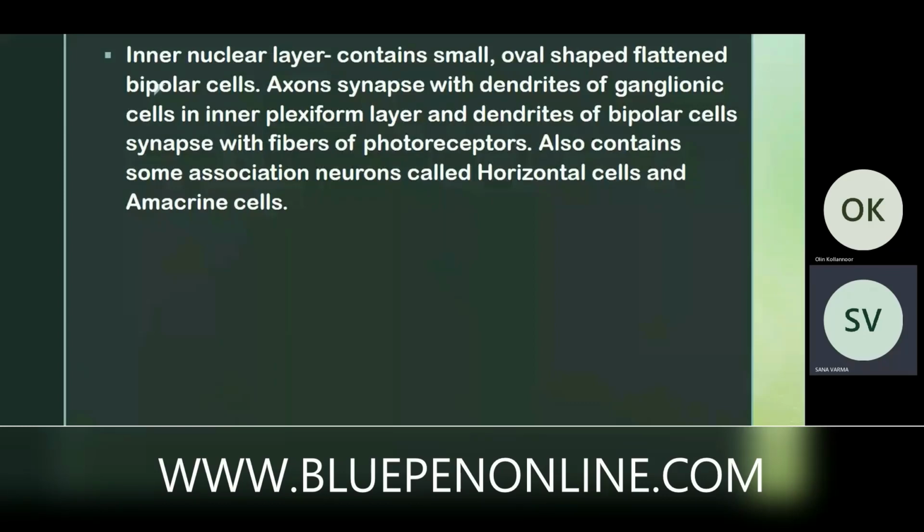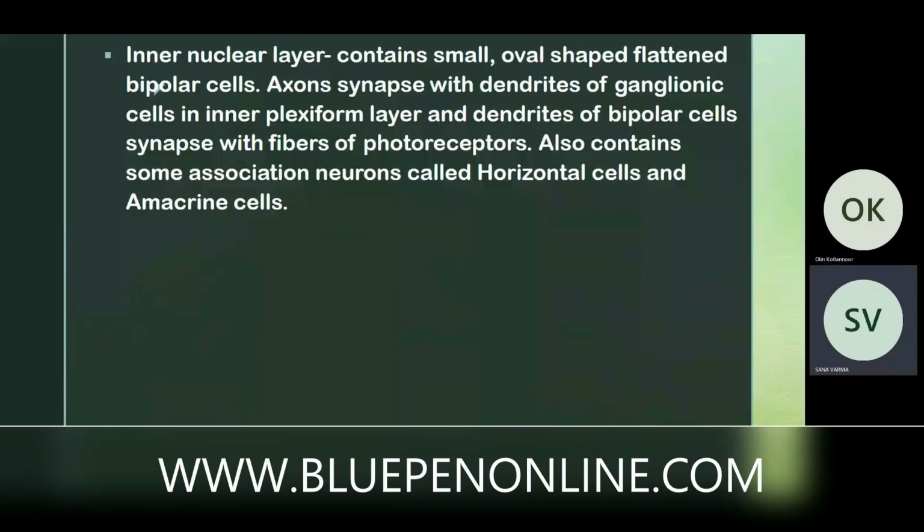So these bipolar cells or bipolar neurons form synapses with the photoreceptors as well as ganglionic cells. The dendrites of bipolar neurons will form synapses with the photoreceptors, the terminal ends of rods and cones, and the axons of these bipolar neurons will form synapses with dendrites of ganglionic cells.